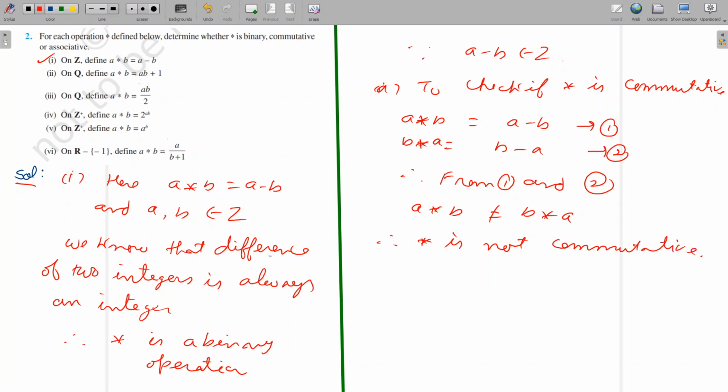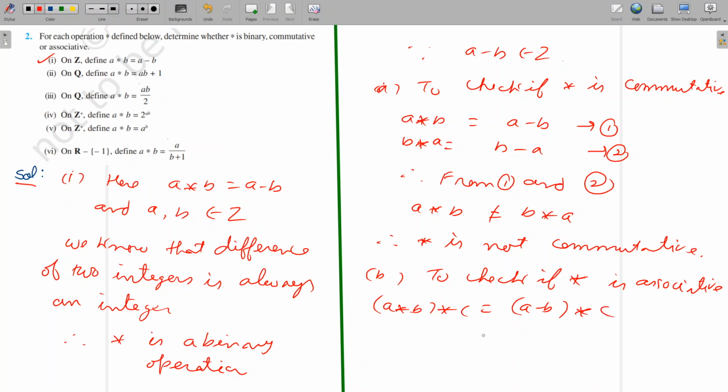Now, let us check whether star is associative or not. So, for the second part, the B part, to check if star is associative, in this also, let us first find A star B star C. A star B star C will be equal to (A minus B) star C, that is equal to A minus B minus C. So, this is our A star B star C. Let us give this as equation number 3.